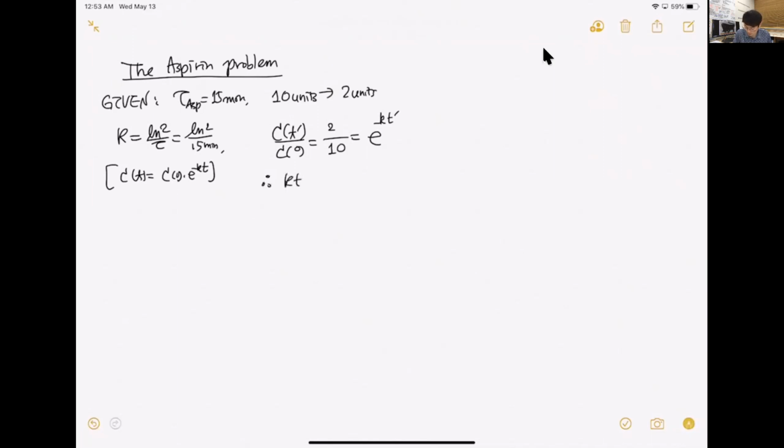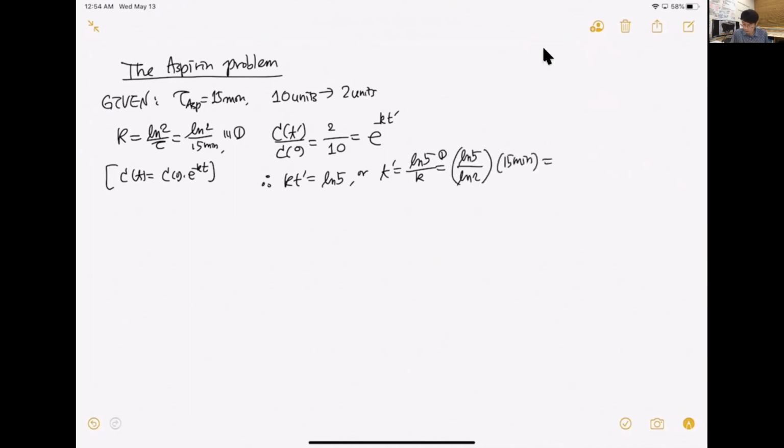So KT prime will become ln5, and we want to know the time T prime, which will be ln5 divided by K. With K equals ln2 over 15 minutes, T prime is ln5 over ln2 times 15 minutes.